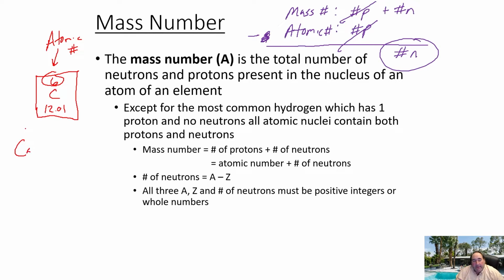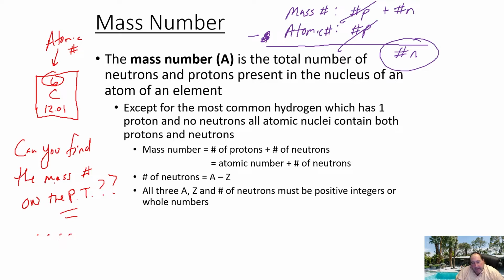So can you find the mass number on the periodic table? Take a moment and think. Can you find it? The answer is no, you cannot.